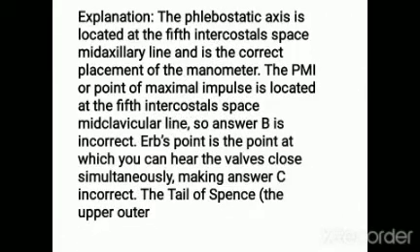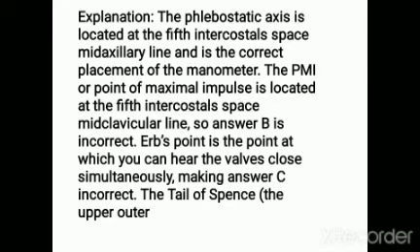Explanation. The phlebostatic axis is located at the fifth intercostal space mid-axillary line and is the correct placement of the manometer. The PMI or point of maximal impulse is located at the fifth intercostal space mid-clavicular line, so answer B is incorrect.